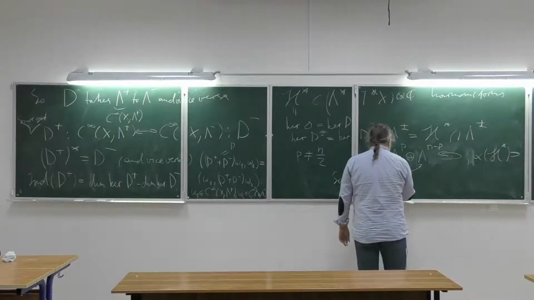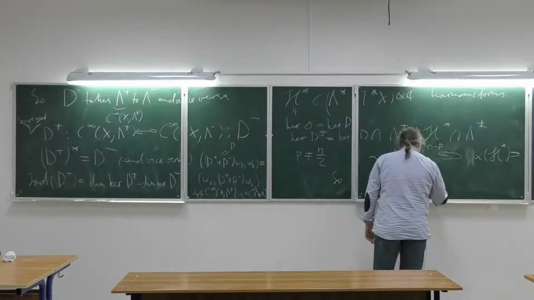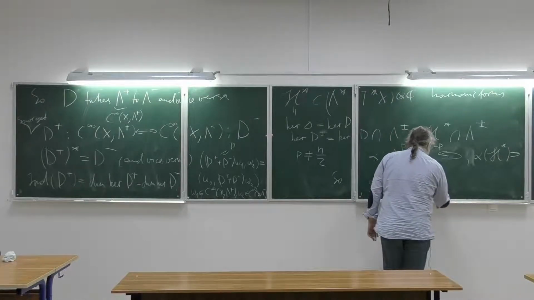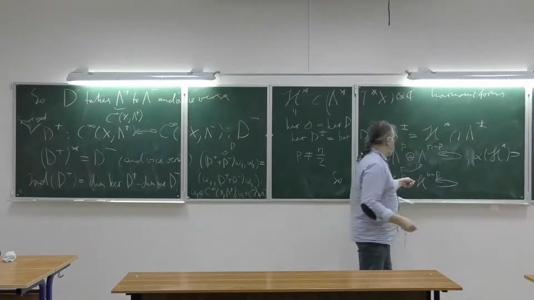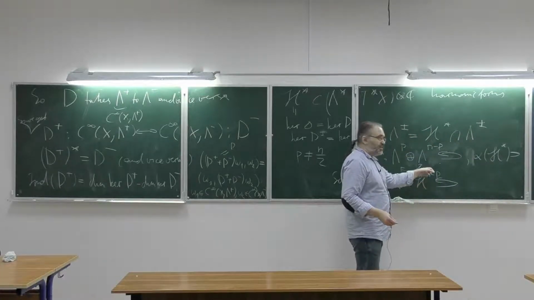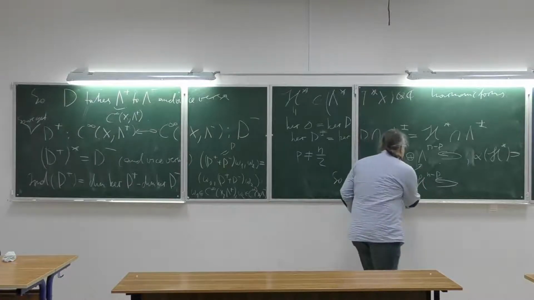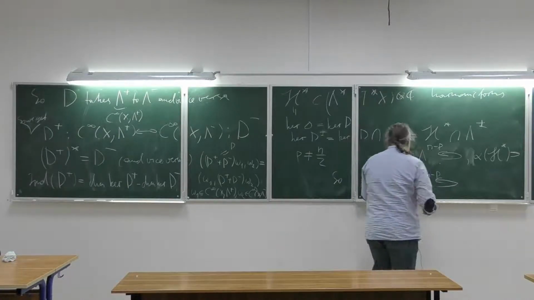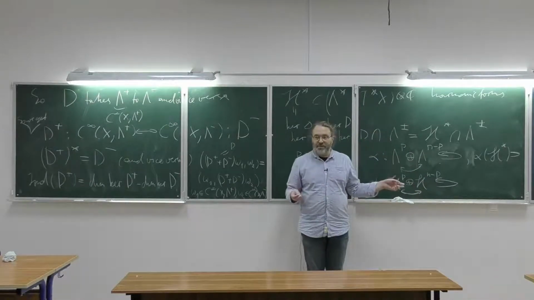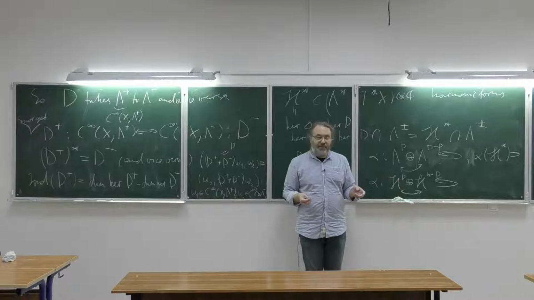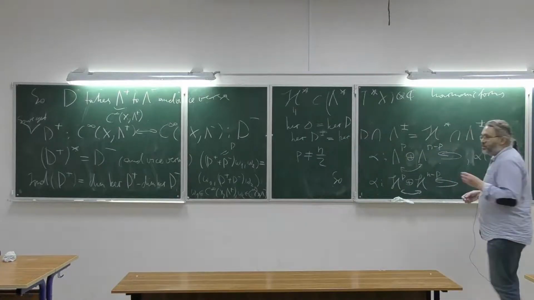So alpha induces a map from H^p plus H^(n minus p) to itself, which again interchanges the two summands and squares to 1.